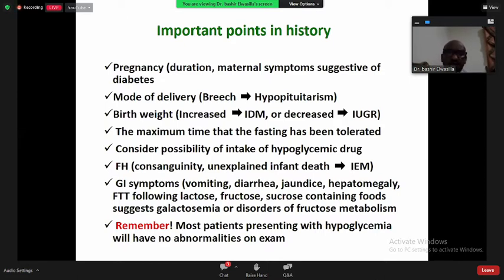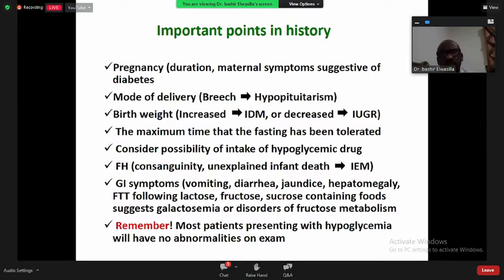Birth weight is very important, because if there is increased birth weight, we have to think about macrosomia, which is known in infant of diabetic mother, and also in Beckwith-Wiedemann syndrome, and also hyperinsulinism. Or if weight is decreased, you have to think about small for gestational age and IUGR.